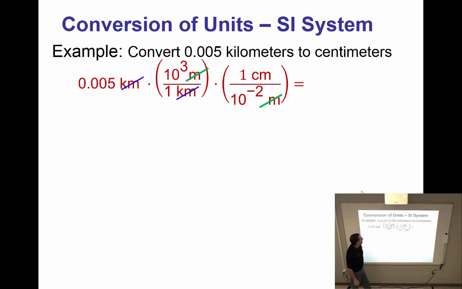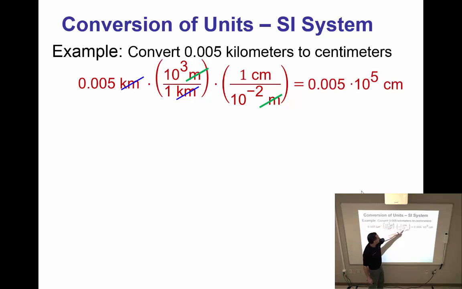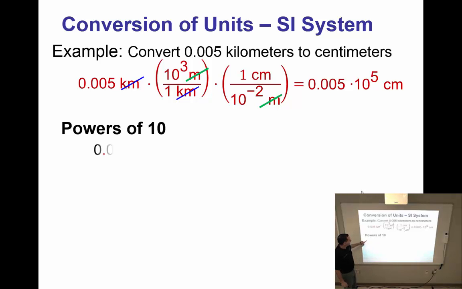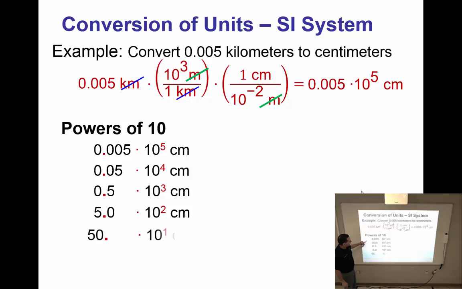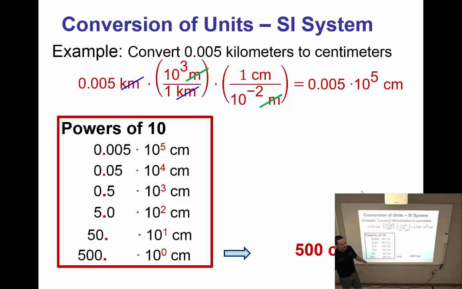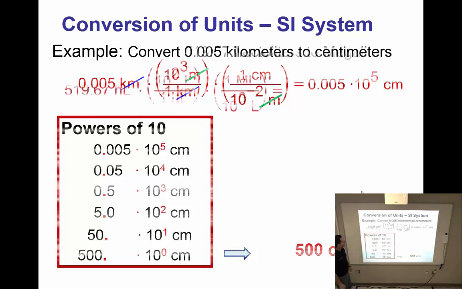My meters are going to cancel out, and what I'm going to have left is 0.005 times 10 to the 3rd divided by 10 to the negative 2, which, using my rule of exponents, if I'm subtracting a negative, I'm basically adding 2, and I get 10 to the 5th. This tells me to slide the decimal to my right 5 places. And when I do that, I get an answer of 500 centimeters. So we can use the rule of exponents to simplify the process in examples like this.